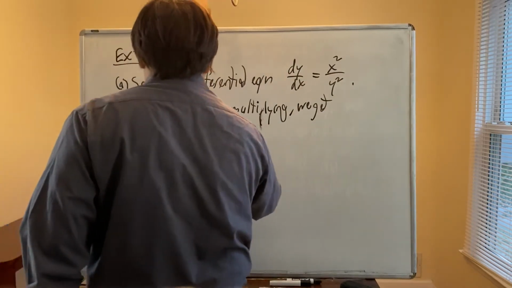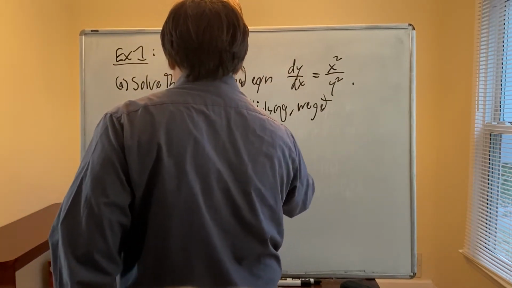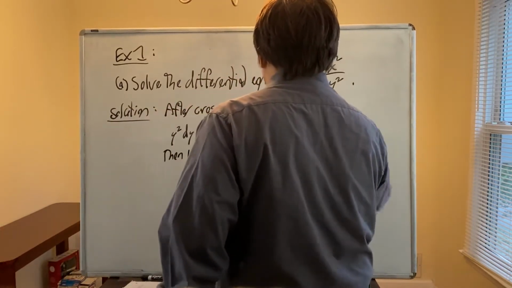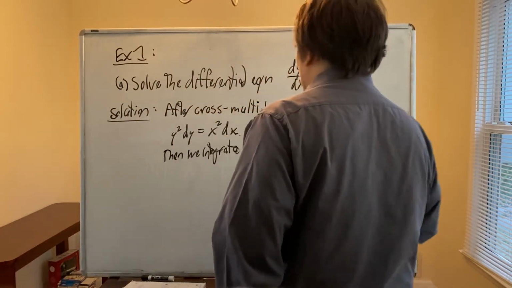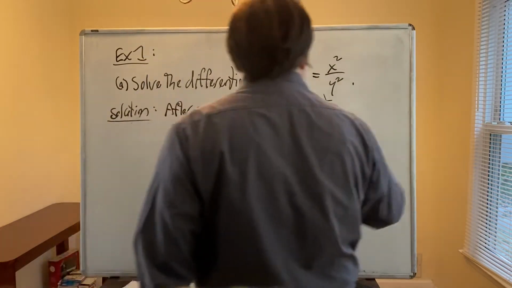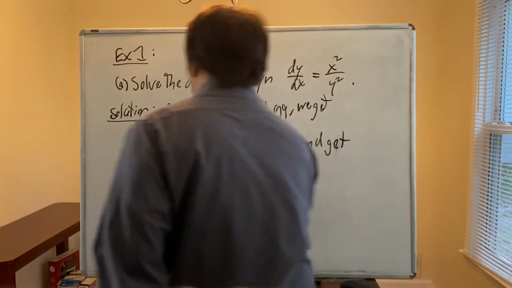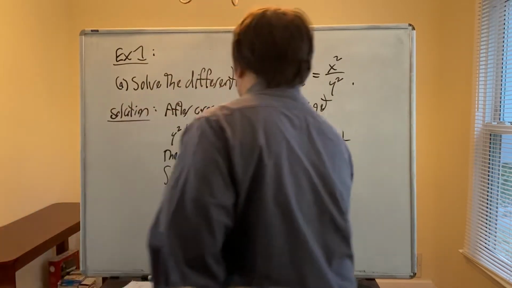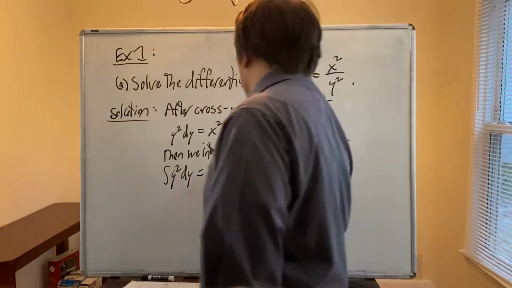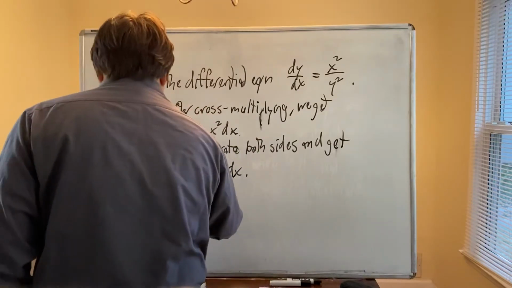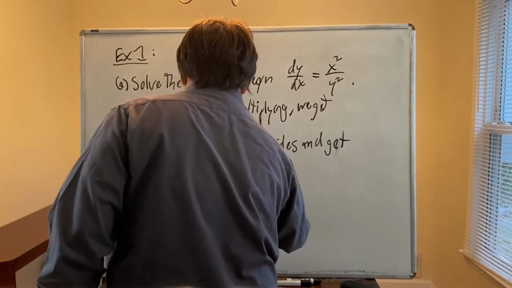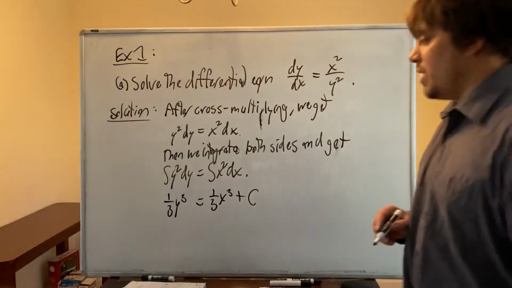Then we integrate both sides and get the integral of y squared dy is equal to the integral of x squared dx. Now this is equal to 1/3 y cubed is equal to 1/3 x cubed plus c.